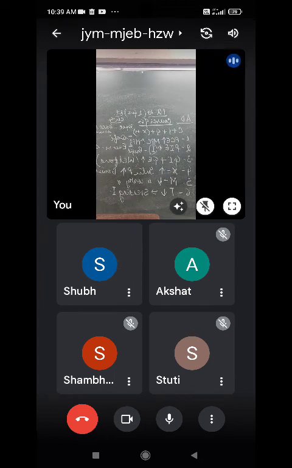Shubh, repeat it. The components of aggregate demand combine to form it. Okay, again I will tell you because this is a 1 mark question here and the 3 marks question I have already explained to you.